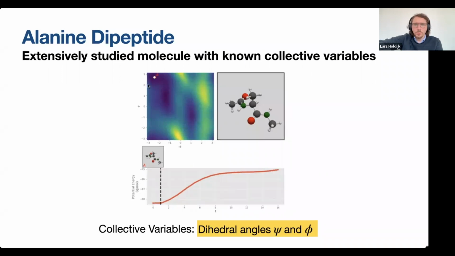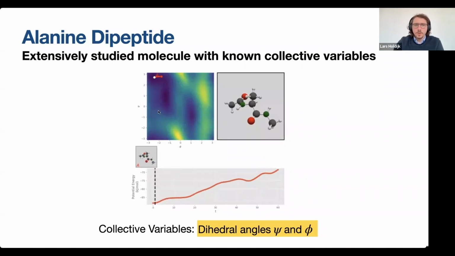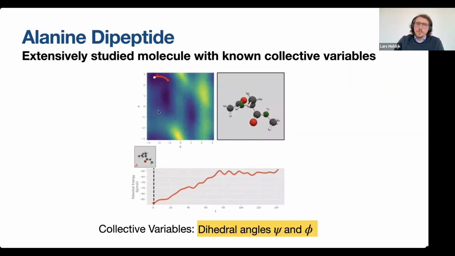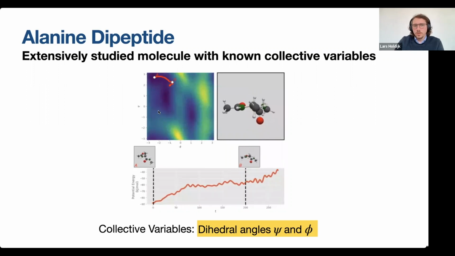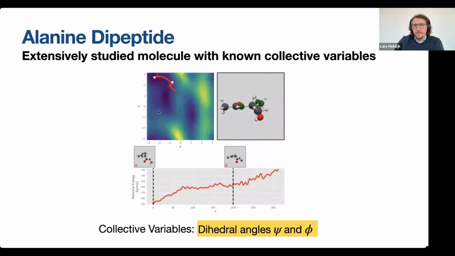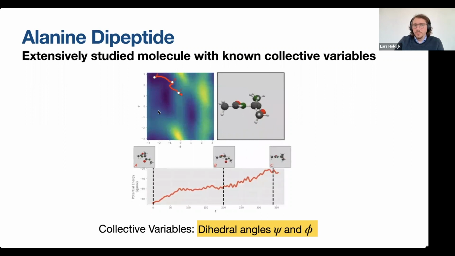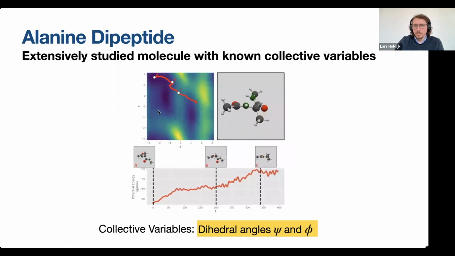And that's also what we see our method do. We see that it very slowly transitions the molecule along those bonds, crosses the barrier, and then falls back into the state.